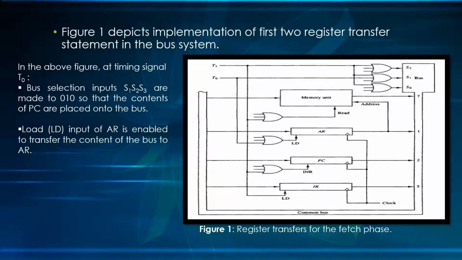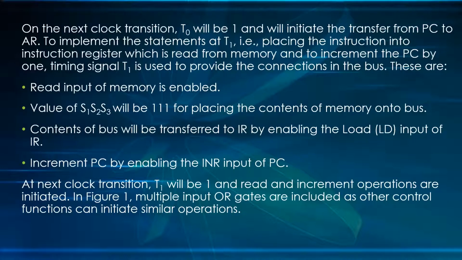Load or LD input of AR is enabled to transfer the content of the bus to AR. On the next clock transition, T0 will become 1 and this will initiate the transfer from PC to AR.